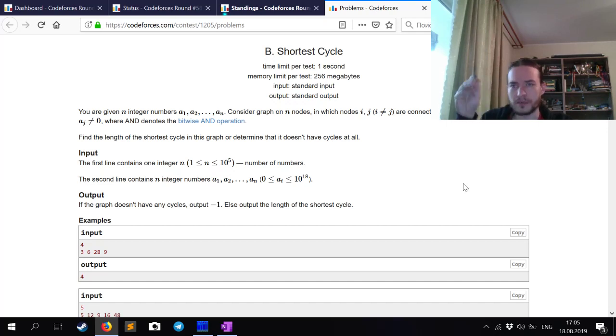Even if you go through a loop and then try to go back, there still will be a shorter cycle. So we can construct a graph on the directed edges, and then just find the shortest cycle in that, I guess.